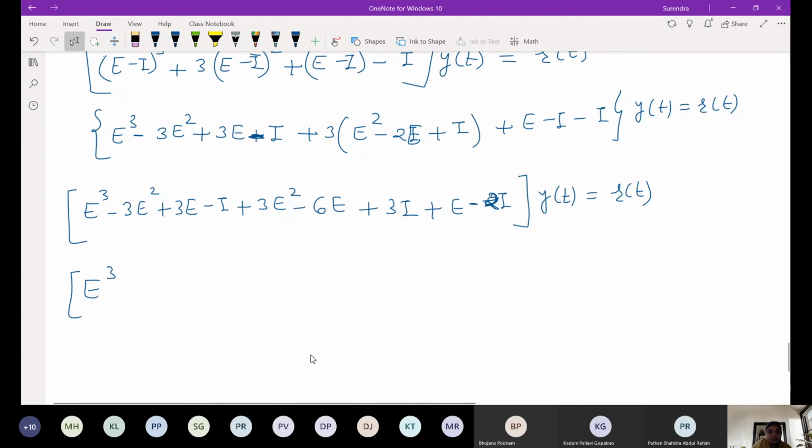E cube as it is. 3E square will get cancelled. 3E minus 6E means minus 3E, plus this E, so minus 2E.